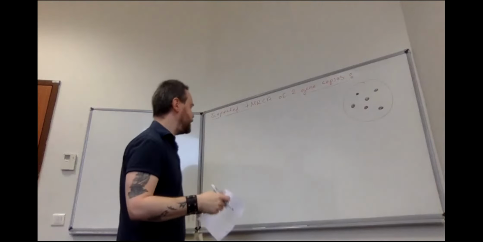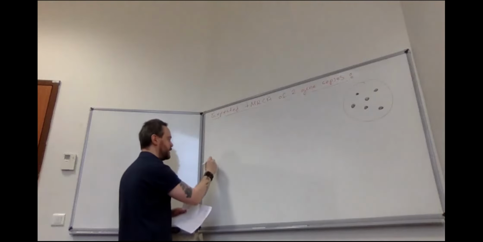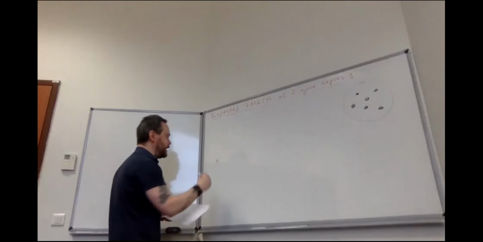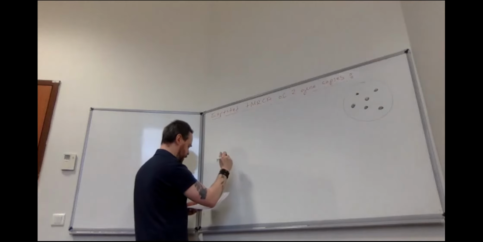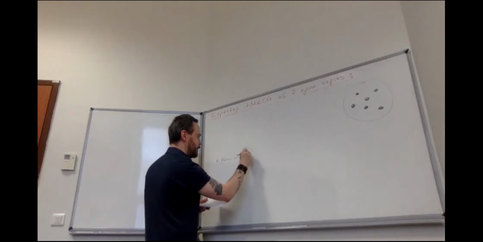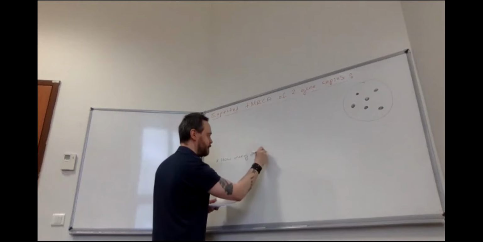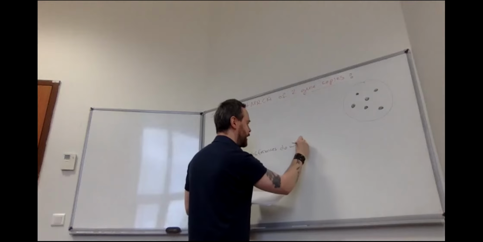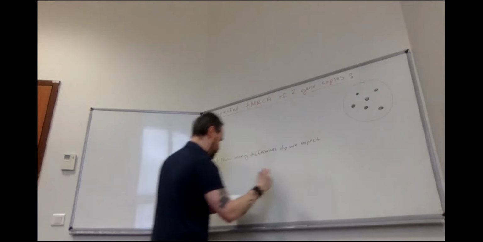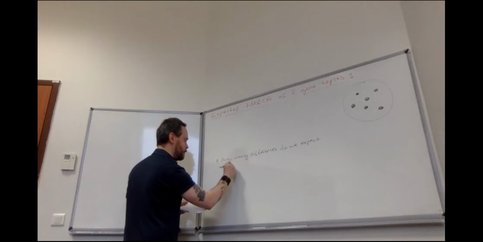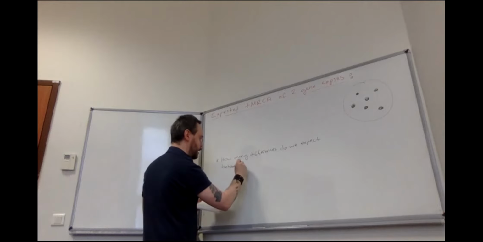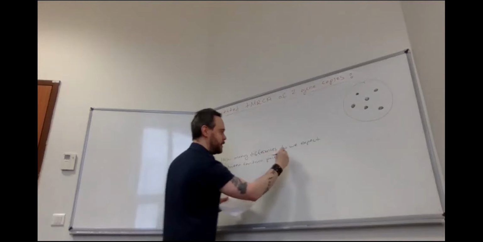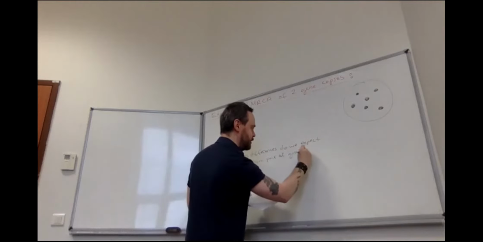The question we're asking here is: how many differences do we expect between a random pair of gene copies?